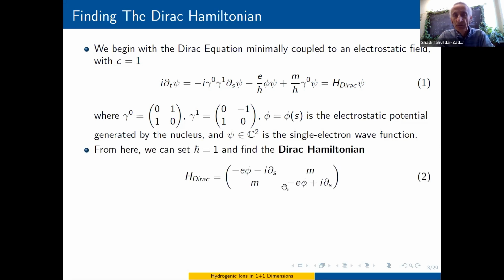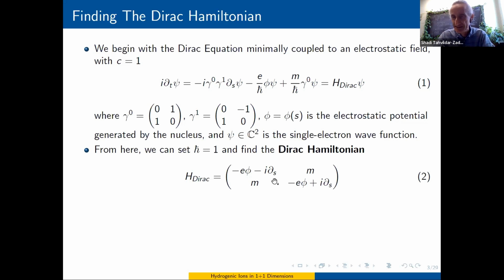So when you do that, you find out what this Hamiltonian looks like. It's going to be this 2x2 matrix. One thing to keep in mind is that even though this looks like a 2x2 matrix, and pretty soon we're going to be talking about eigenvalues and eigenvectors, this is not the usual notion, because as you notice, the entries of this matrix are not numbers, they are operators.